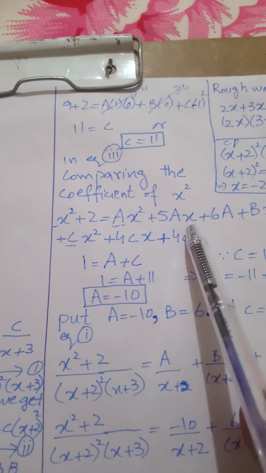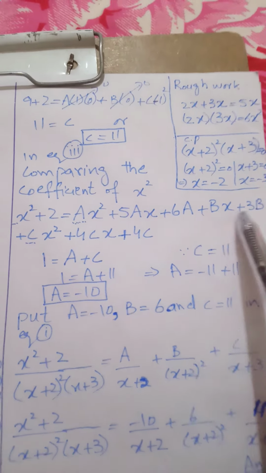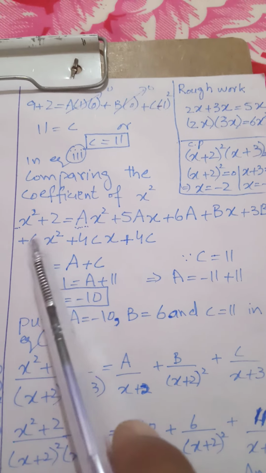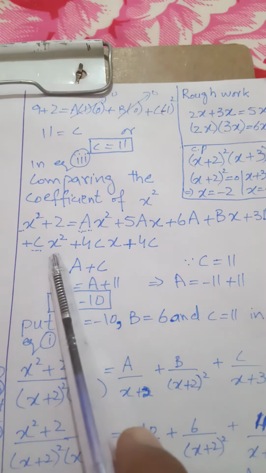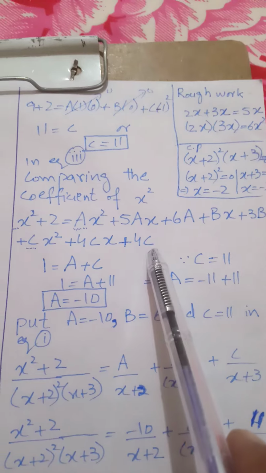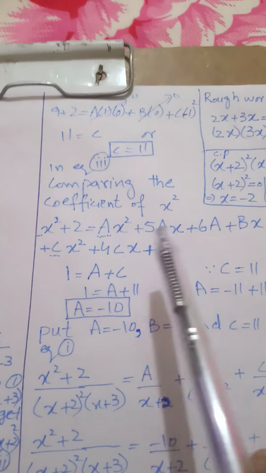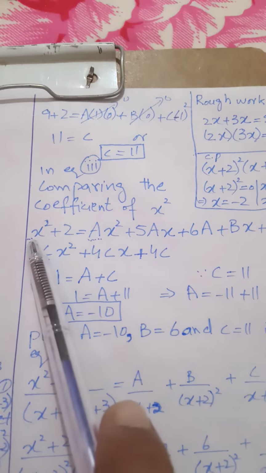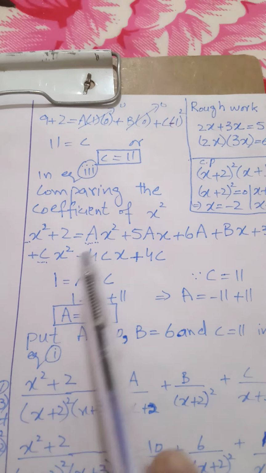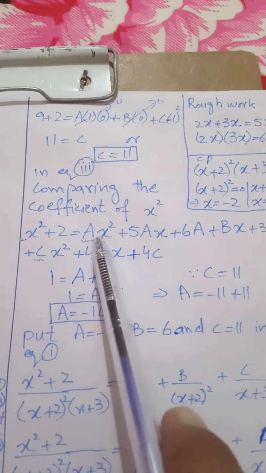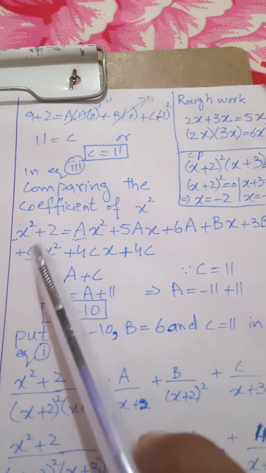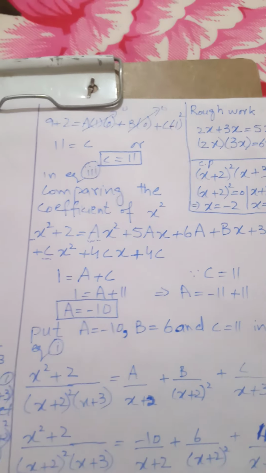Similarly, in another term of x square, the coefficient of x square is c, so we write plus c, and the other terms will be linear or constants. So on the left there is only one term, x square, so the coefficient will be 1, and the two terms are on the right side, so the coefficient of x square is here a, and this is c, so we can write in this form.